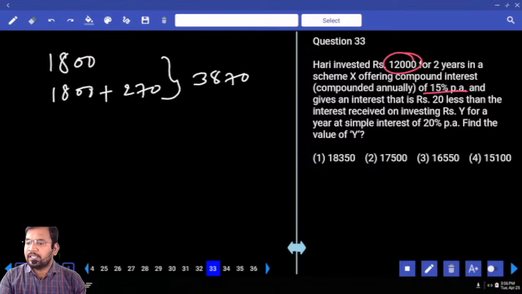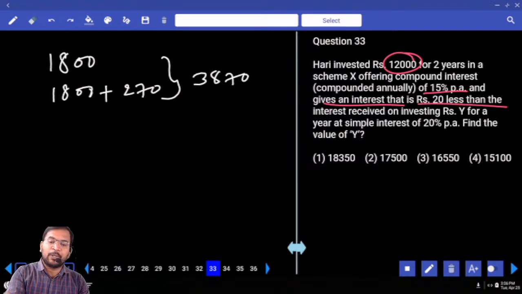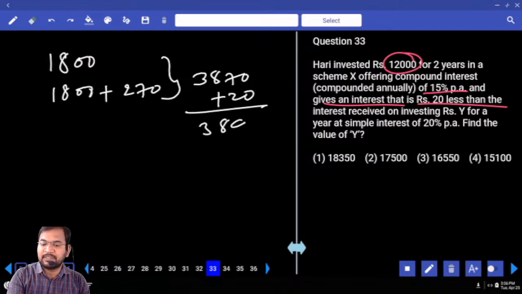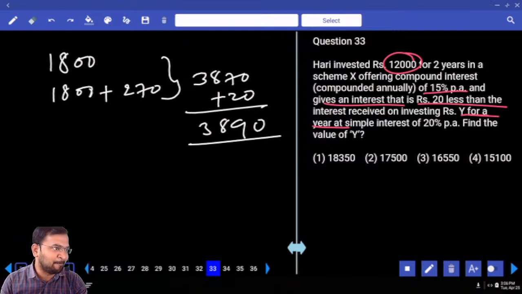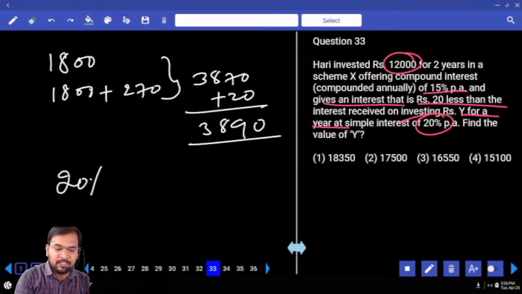This is 20 rupees less than the simple interest, so the simple interest is 20 rupees more, that is 3,890. For how many years? Only 1 year. The y scheme is not 2 years, it is 1 year. Rate of interest is 20%, therefore that 20% is nothing but 3,890.